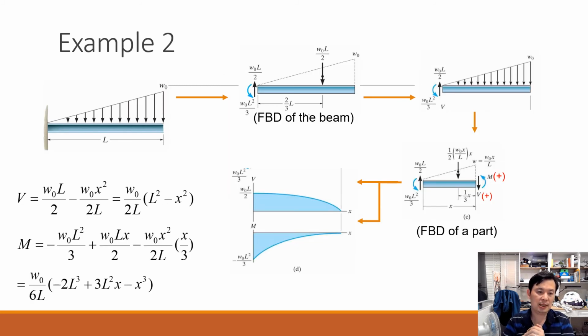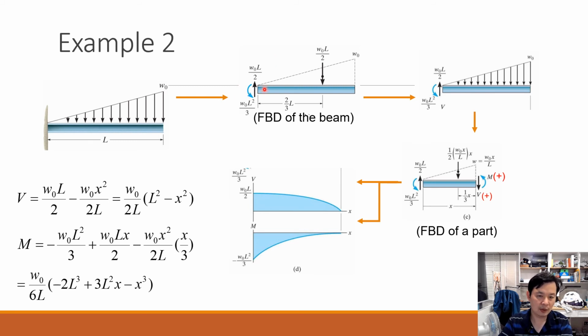Here's the second example. You get a cantilever beam with a linearly increased distributed load from the initial point to the end. Okay, the maximum point is here. The total length is L. After that, this kind of boundary condition gives you this free body diagram with two reactions on the fixed end.